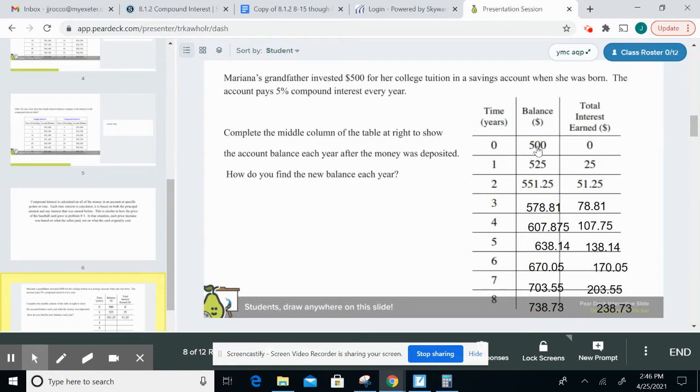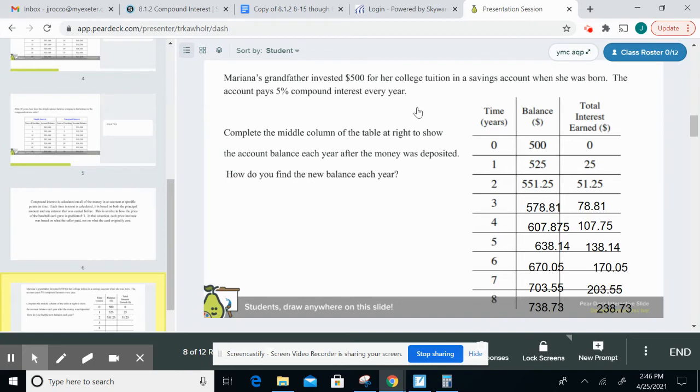But you can see we had three columns, and we took the 500, we took 5% to get the 25, and then we added that 25 to the original 500, and we kept taking 5%. 5% of 525 is 26.25. We added that to the original 500, and we kept doing that. We had three columns, okay?